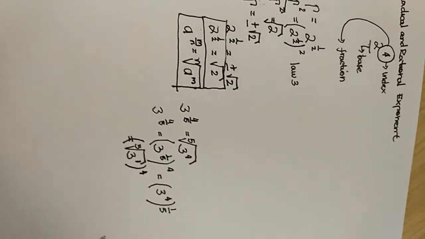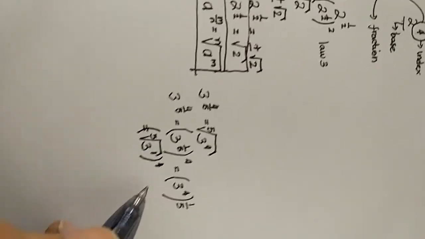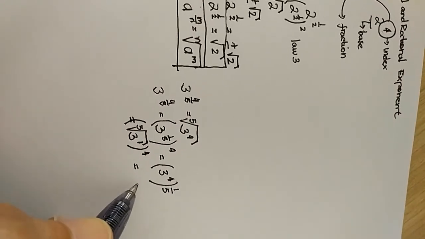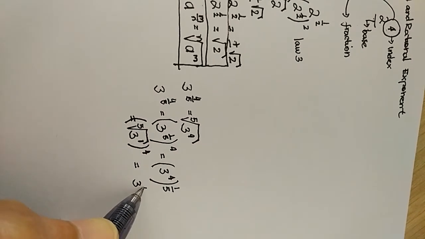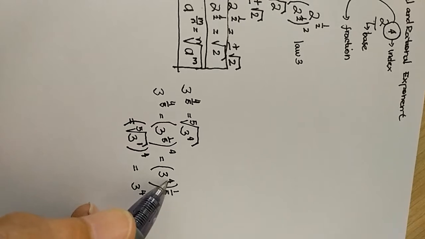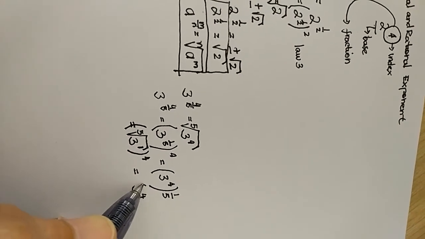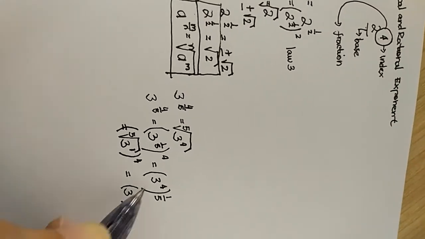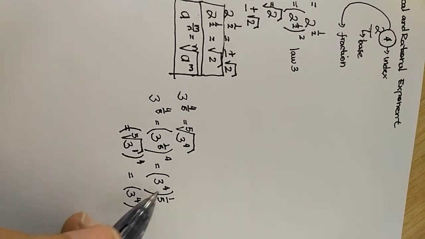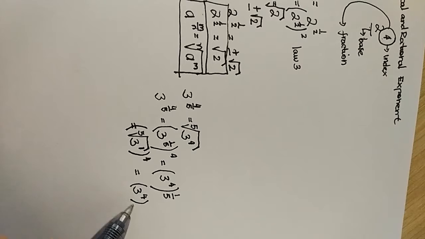Or you can write it this way: 3 to the power of 4, and the outside power is the index of this number.